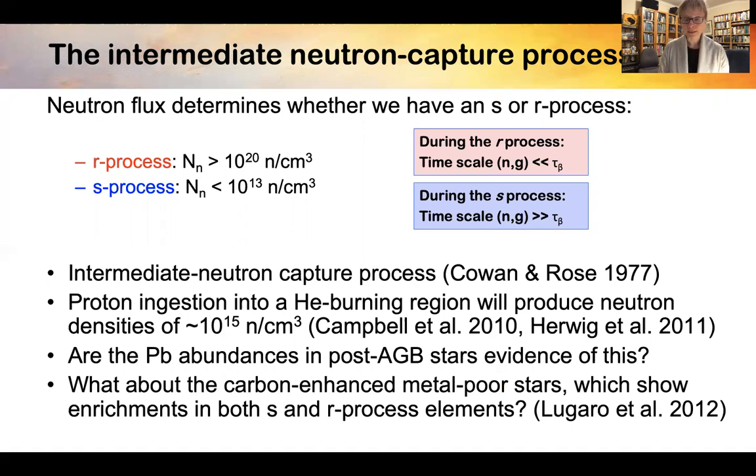Are the lead abundances in post-AGB stars evidence of this? And there are also some weird carbon-enhanced metal-poor stars, which we think are the result of an I process, such as discussed in Maria Lugaro's paper in 2012.